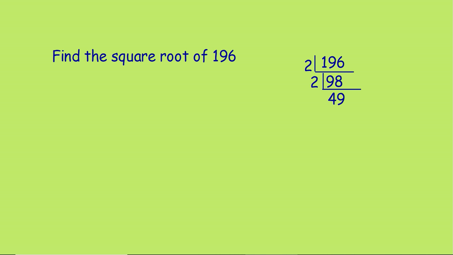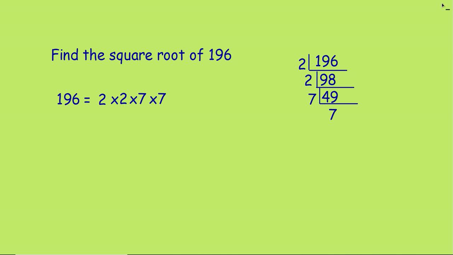Now again 49 you cannot divide by 2, 3 or 5. Then you can divide 49 by the next prime number, 7. If you divide 49 by 7, you get 7. So 196 is equal to 2 into 2 into 7 into 7.